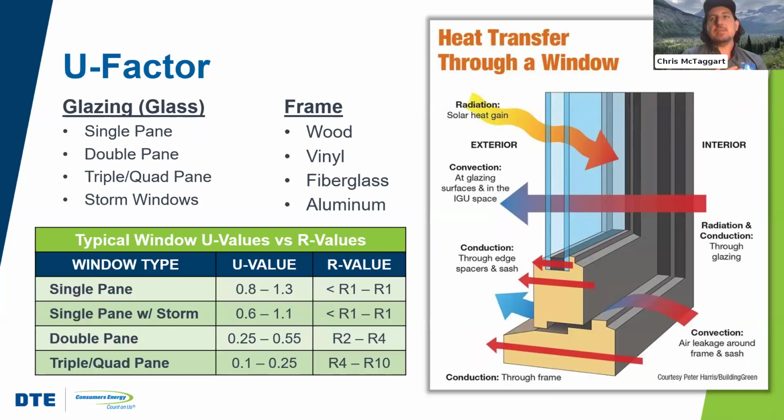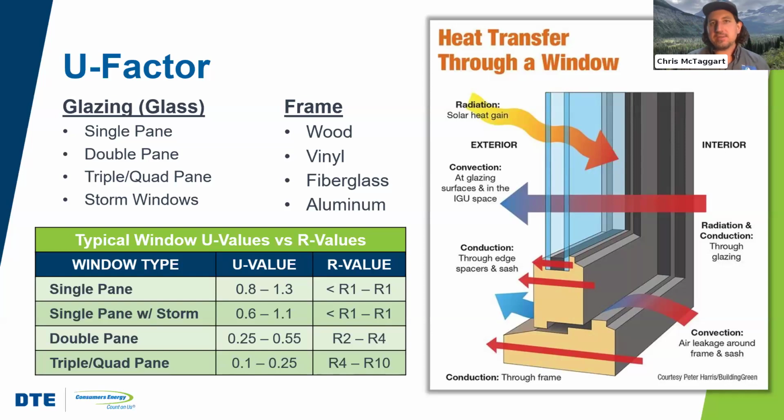The frame was steel, and the windows were a single pane of glass. It was thicker glass, but still it was highly conductive. I ended up trading those out for these modern R5-ish type of windows, and I'm very happy that I did so. So we see the relative performance of different types of windows here.